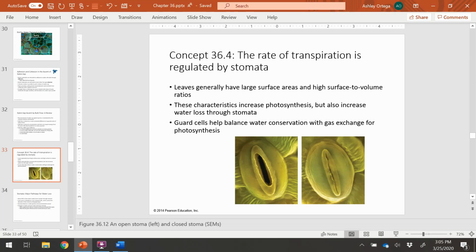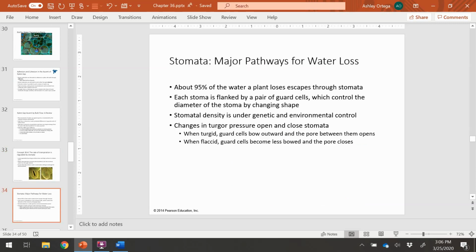So stomata, the openings, can be regulated by the guard cells. We learned last chapter, each stomata pore opening has 2 guard cells that will help with opening and closing and regulating the gas exchange that occurs. And so let's take a look here. The stomata will change based on pressure.